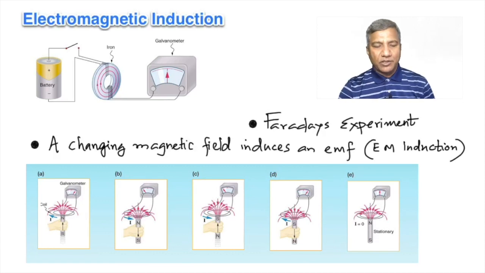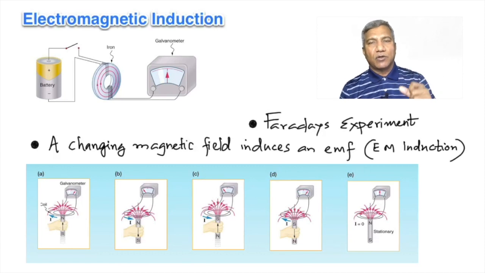Likewise, you can see when the poles of the magnet are reversed, like this one, you have the south pole coming up, the deflection is in one direction; south pole going down, the deflection is in the opposite direction. So, of course, the direction of the induced current clearly depends on what pole of the magnet is moving and whether it is moving towards or away.